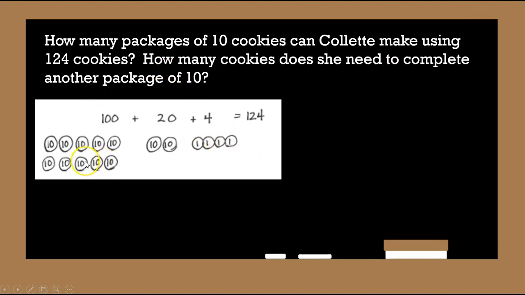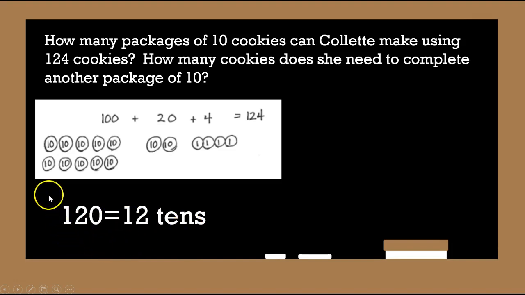First we're trying to figure out how many packages of 10 we can make. So we have 120 here, and 120 equals 12 tens.